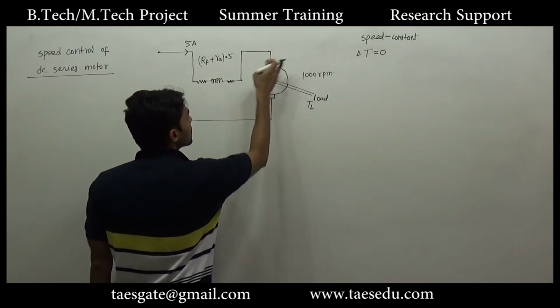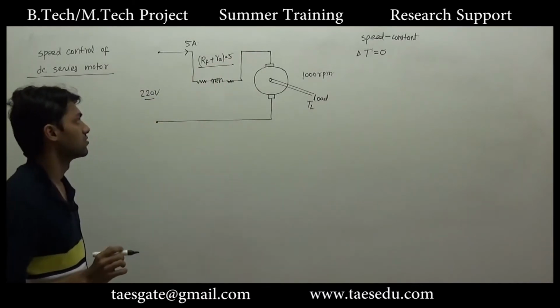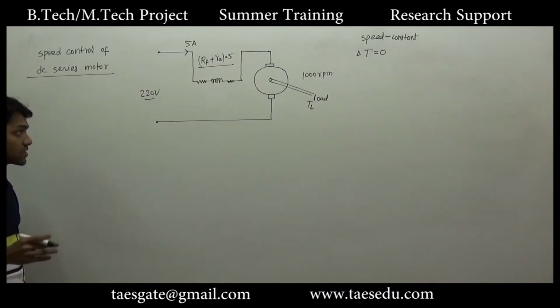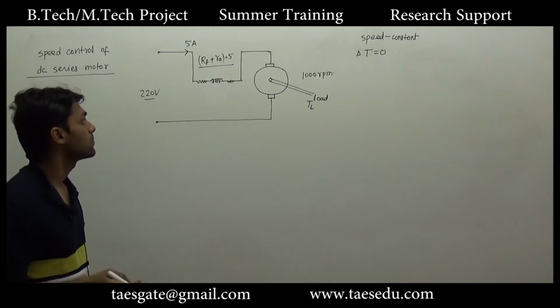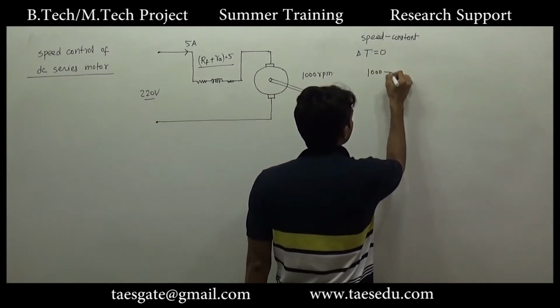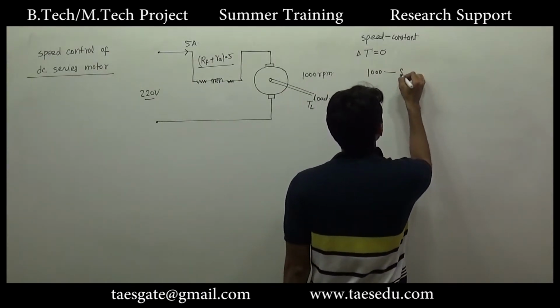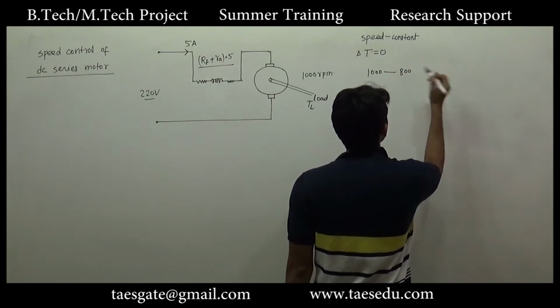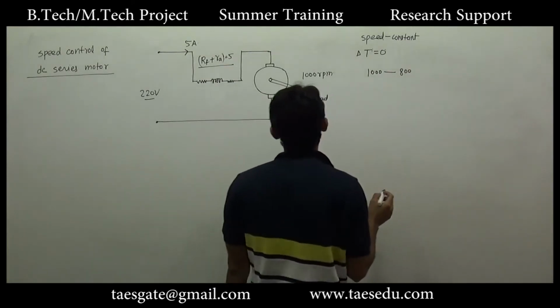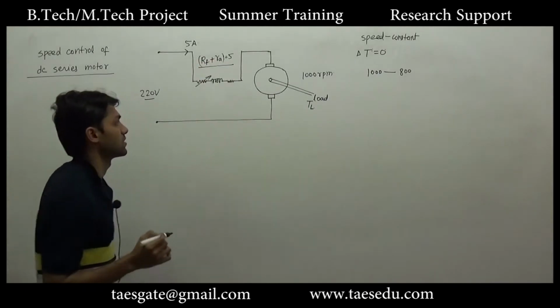So the initial total resistance is 5 ohm, and the speed is required to be brought down to 800 RPM with the help of armature resistance control. How may it be done: should we increase this resistance or decrease this resistance?